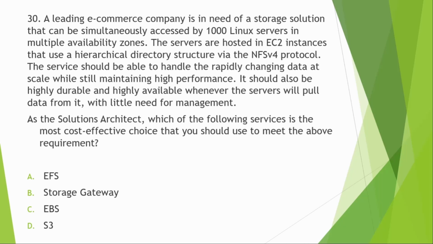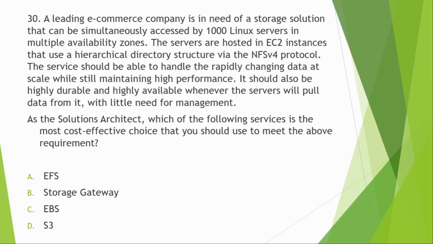Okay, now why the other options are incorrect, let's see that. Storage Gateway is primarily used to extend the storage of your on-premises data center to your AWS cloud. It has nothing to do with storing the file system. Then EBS is Elastic Block Store, right? It cannot be shared by multiple instances.